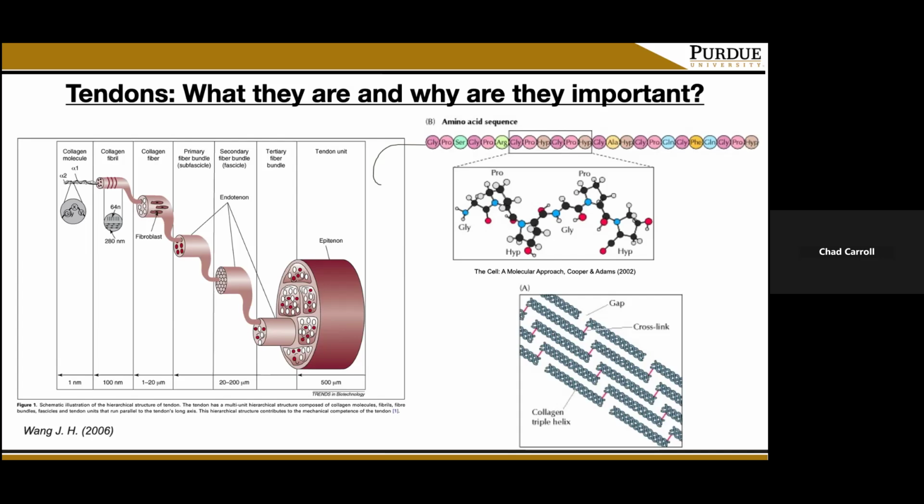We also do studies on the tendon fibroblasts, which are the primary cell type in tendons that control and remodel the tendon. And what's really neat is if you look at the smallest levels of the tendon, the amino acid sequence of collagen is this really unique repeating sequence of glycine, proline, hydroxyproline with a few other amino acids randomly thrown in.